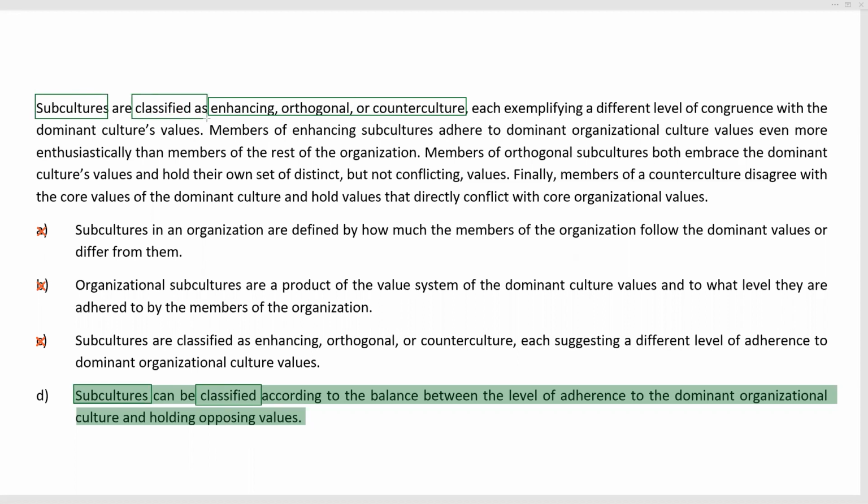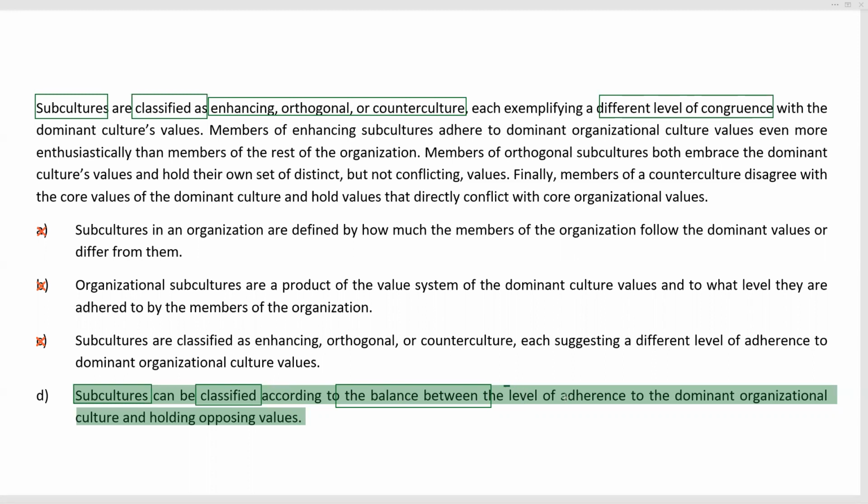Subcultures are classified on which basis. We didn't name the classifications of subcultures, enhancing, orthogonal, and such, but we did mention according to the balance between. The word balance fits perfectly with congruence. Congruence essentially means harmony or balance. So this is very well worded.